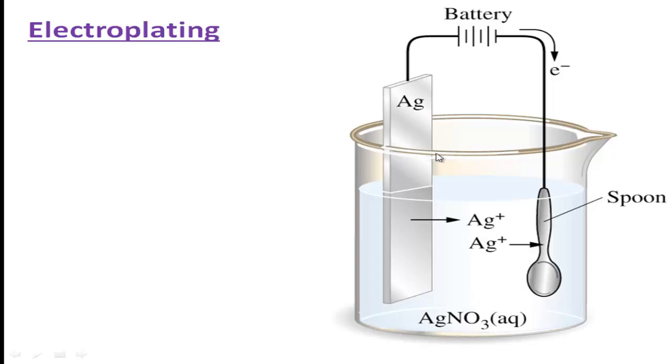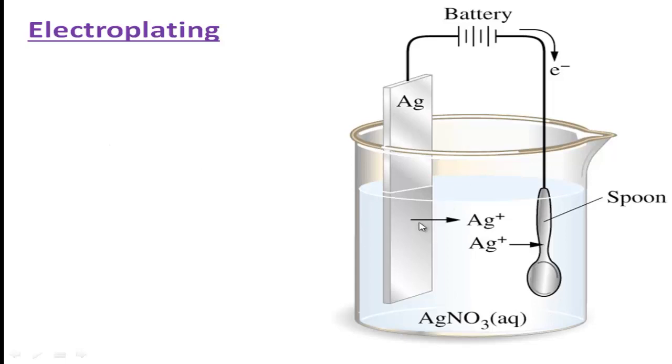For this you have to arrange the electrolysis process. You have to connect the spoon as cathode, and a silver bar you have to use as anode. And as electrolyte solution you have to use silver nitrate solution or silver salt solution.